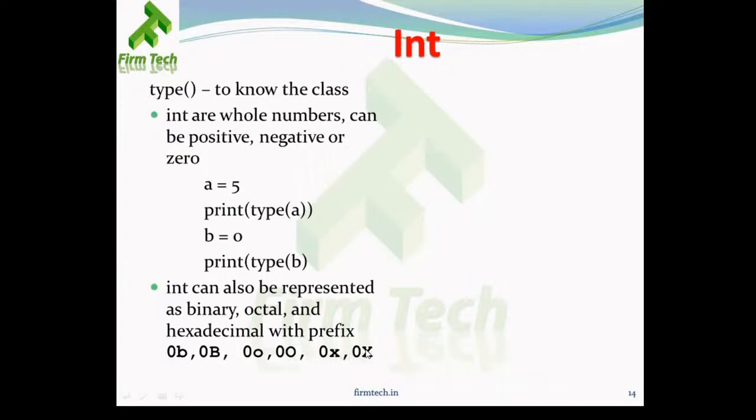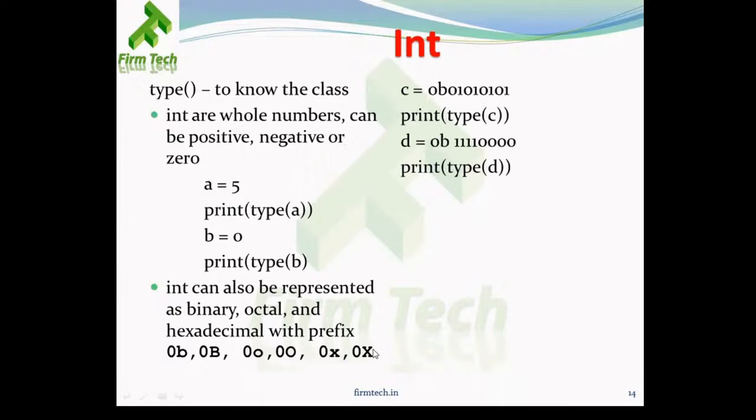And 0x denotes a hexadecimal value. So here we have assigned a binary value to the variable C, as well as here we have assigned a binary value to the variable D. And here we have assigned the hexadecimal value FACE to the variable E.